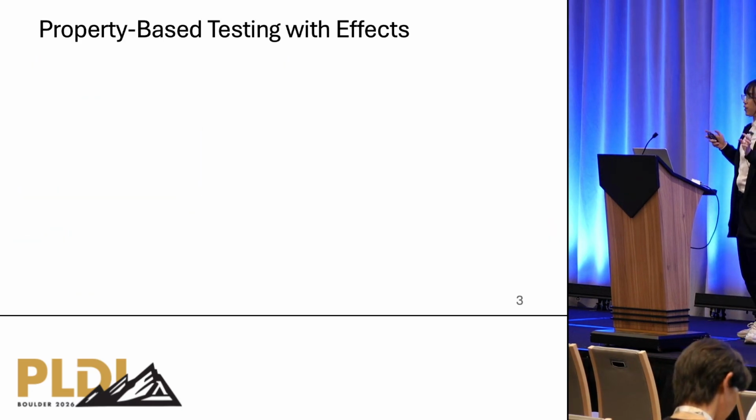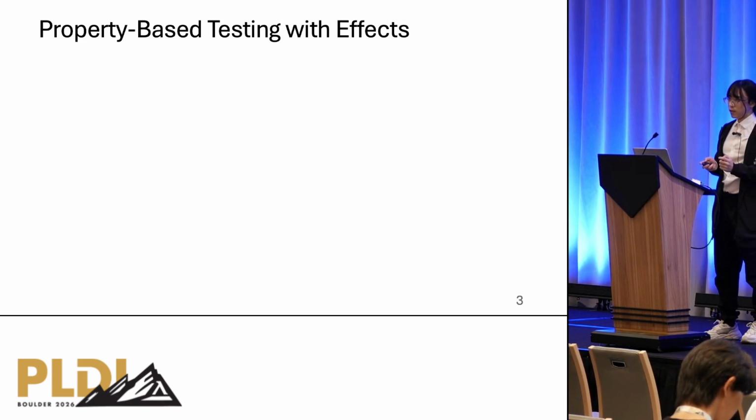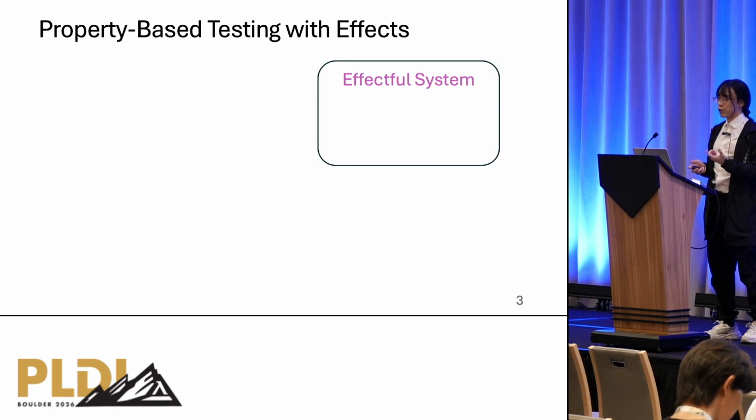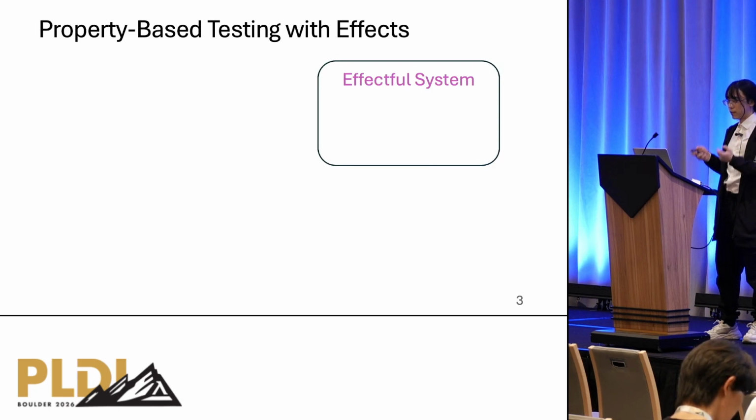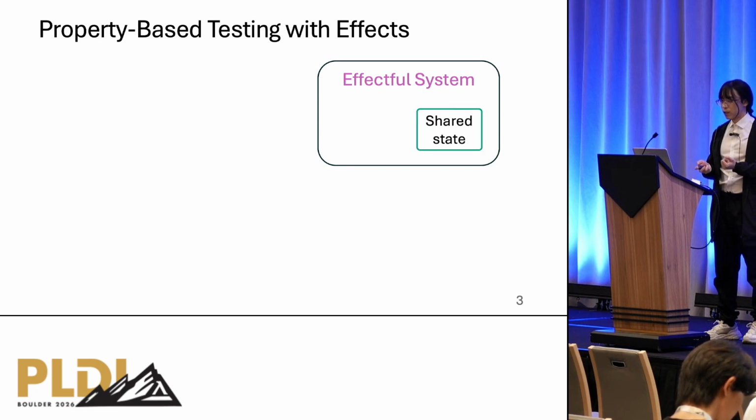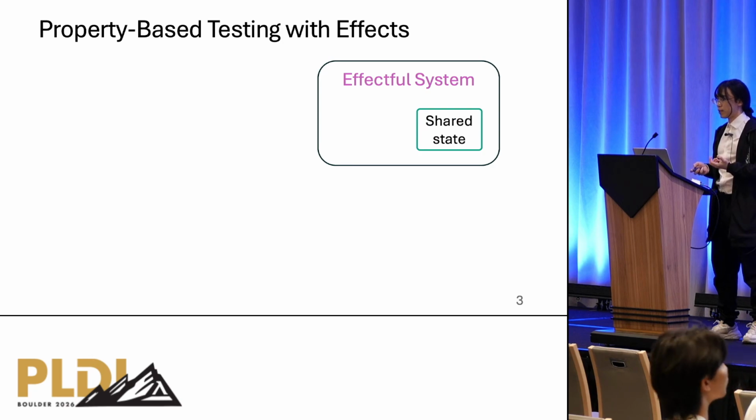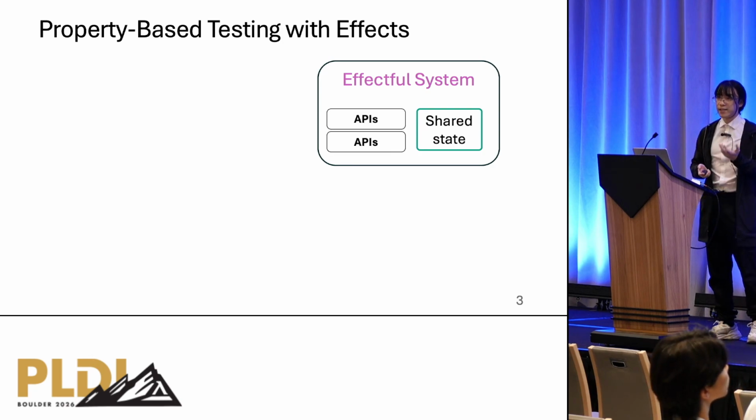However, things are quite different when you do PBT with effects. Now we don't have a functional program, but we have an effectful system, like a stateful library with a shared internal state, which also provides a set of APIs.